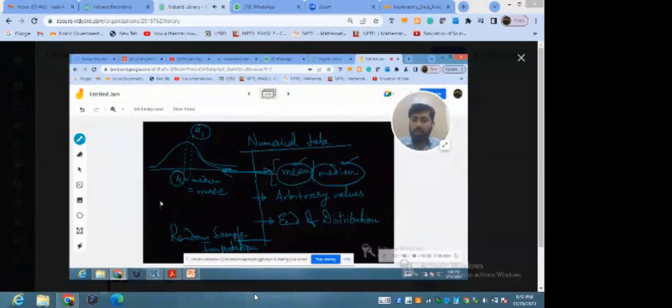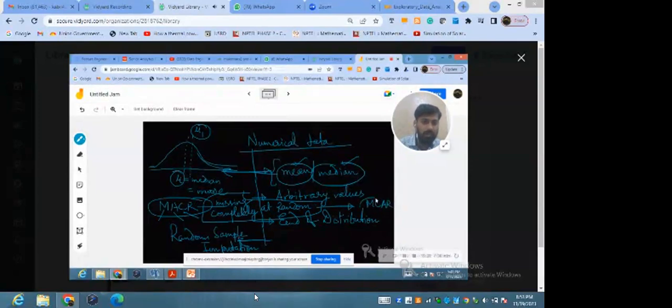There's a term called MCAR, which means missing completely at random. If the data is MCAR, it means our data set has missing values which are at random, not in a bunch altogether.